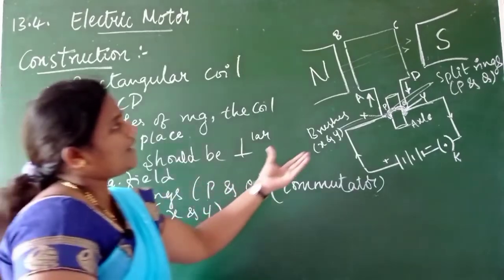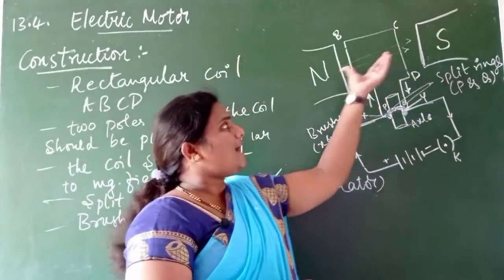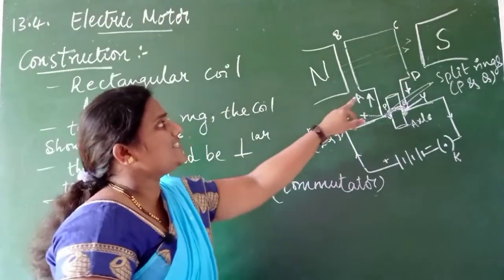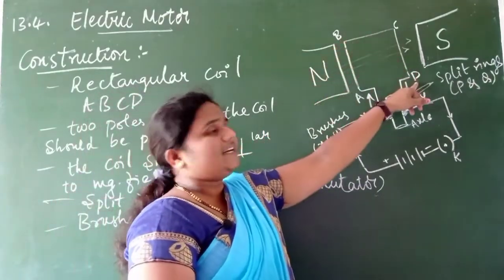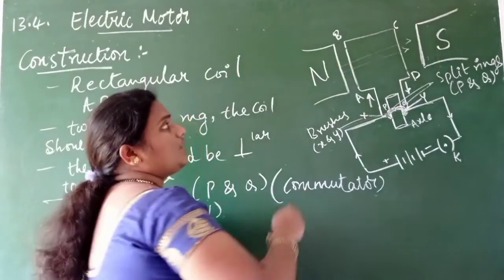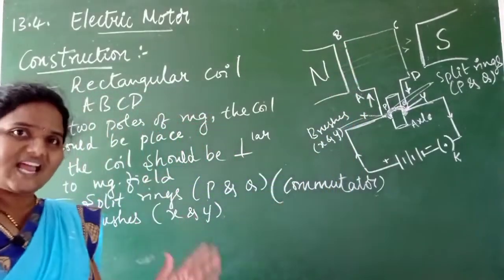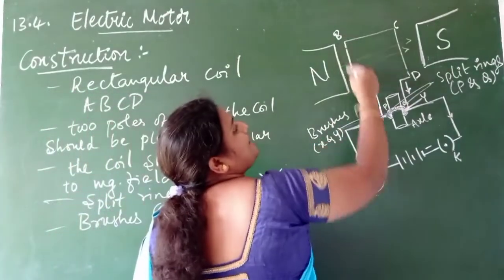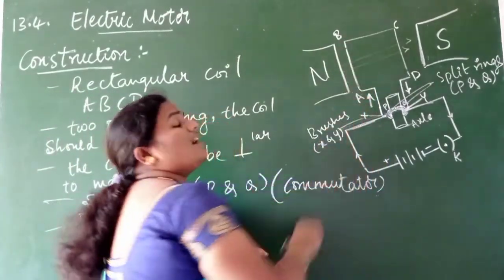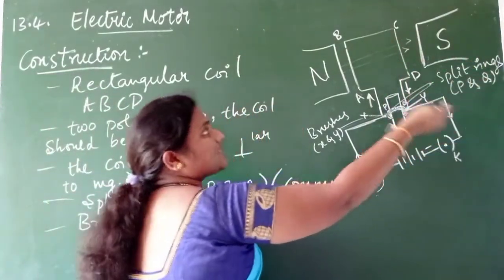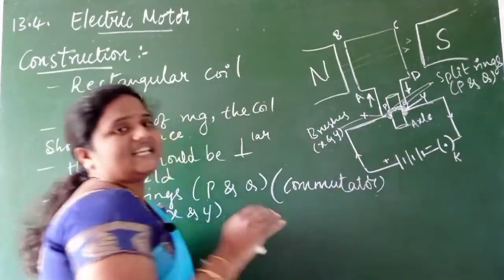We need to take two powerful magnets, and between them place a rectangular coil which is named ABCD in such a way that the arms, children, are nothing but the sides. This side AB is one side, this is called the AB arm, and this side CD is another side which is named the CD arm.